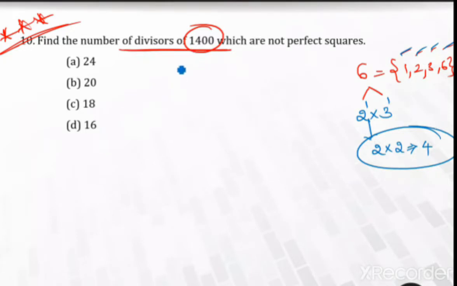Now similarly, what about 1400? Number of factors are how many?